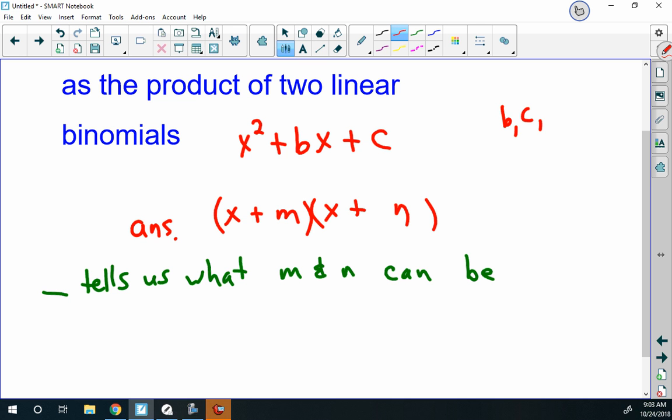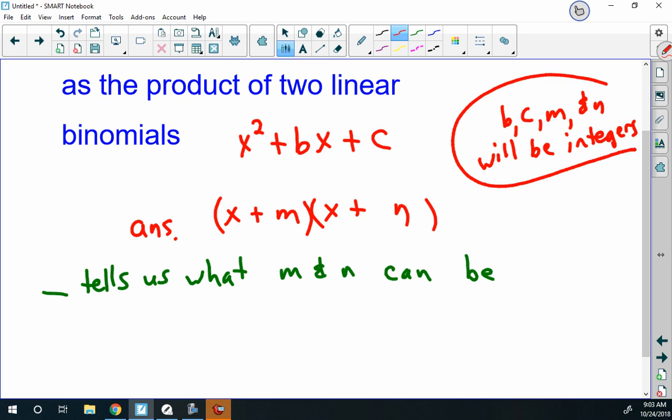B, C, M, and N will be integers. And there's something that's going to tell us what M and N can be. Anybody know what it is?